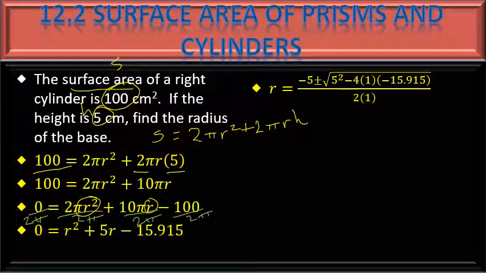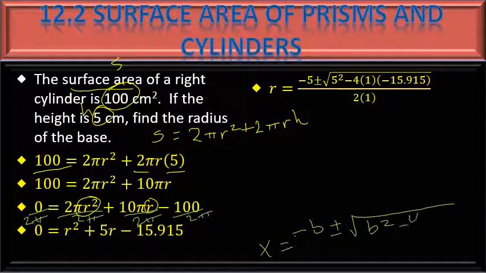And use the quadratic formula, fill in everything. Oh wait, the quadratic formula, if you don't remember, is x equals negative b plus or minus the square root of b squared minus 4ac all over 2a.